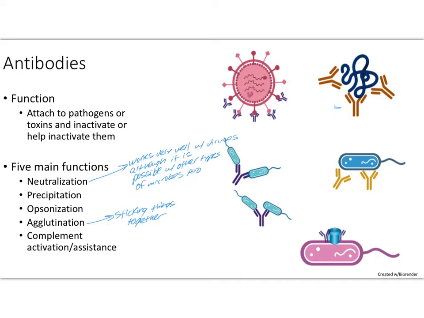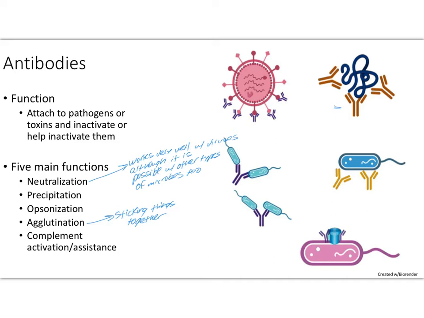Since every antibody has 2 antigen binding sites, basically every antibody has a capacity to bind to at least 2 microbes. So in this case, we have a situation where this antibody can bind to microbe A and microbe B, and this antibody can bind to microbe C and microbe D. And what this does is trap these microbes in one location and kind of clump them up together in one space so that phagocytes can come over and engulf a bunch of microbes at once and deal with them rather than having to kind of chase them down.